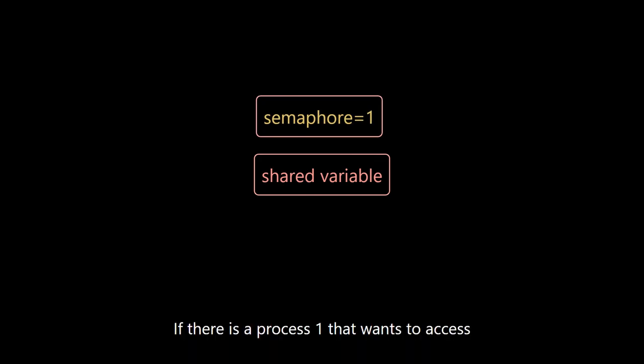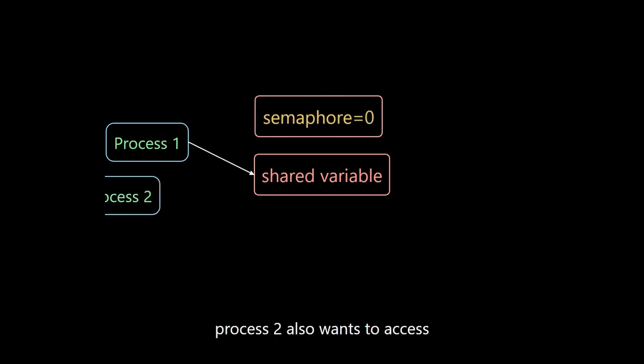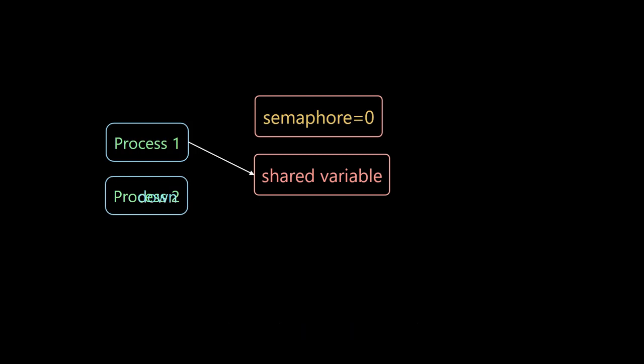If process 1 wants to access, it performs a down operation. This operation decrements the semaphore by 1, and the semaphore becomes 0. Then process 2 also wants to access, so it executes the down operation. At this time, the semaphore is already 0.